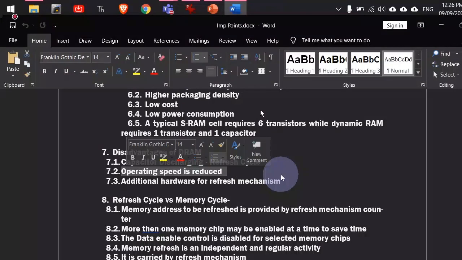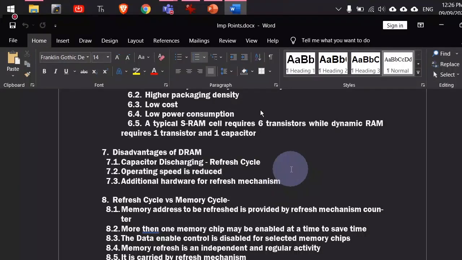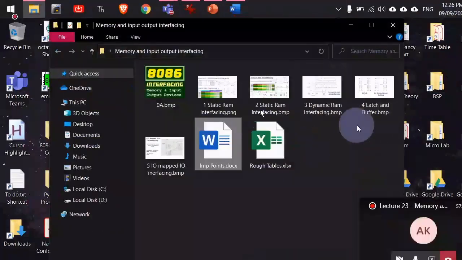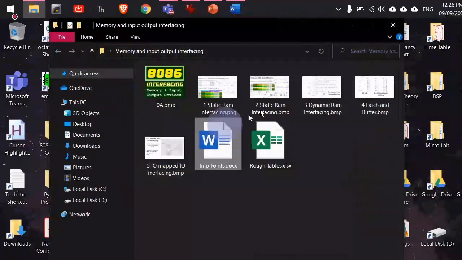SRAMs are used in cache memory. DRAMs are not used in cache memory, but their speed is also very good. It is not so poor that we cannot use it, right? Then additional hardware for the refresh mechanism is required, right? So let me show you how the refresh mechanism functions, and what hardware you will require for it.